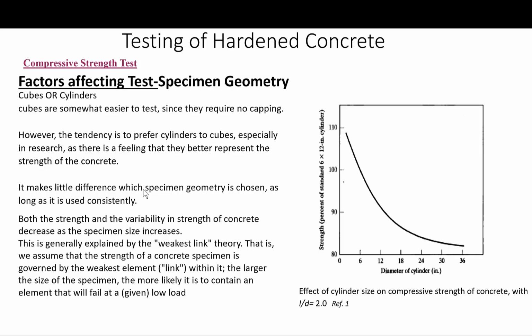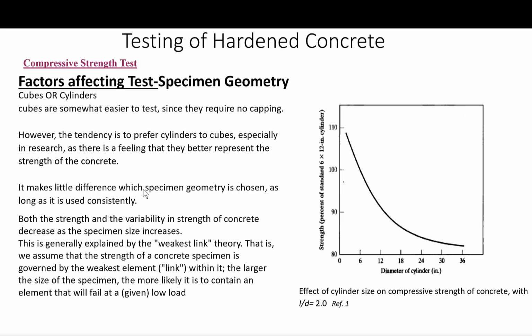The next factor we will talk about is the specimen geometry. Since different geometries of specimens, cylinders or cubes, give different values of strength, which specimen shape is then best? Clearly, cubes are somewhat easier to test since they require no capping.